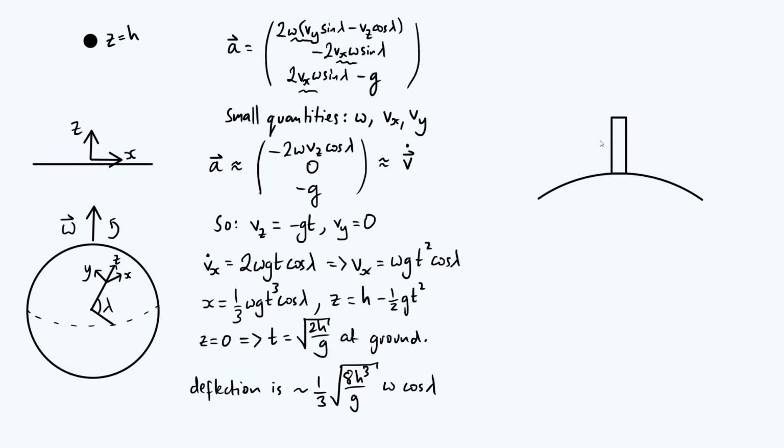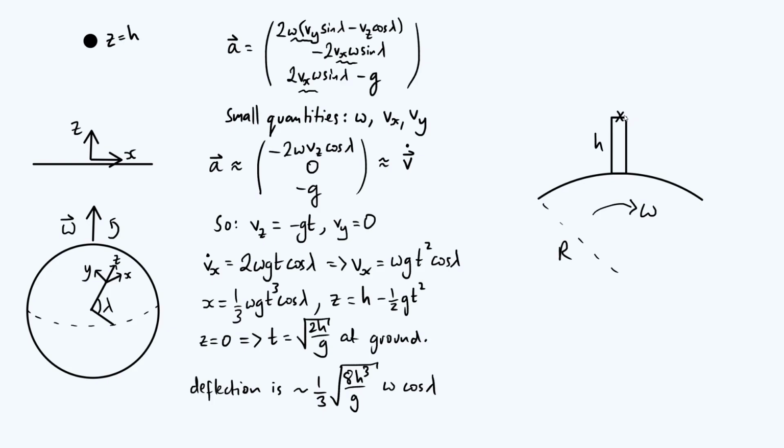And so this tower has a height of h, and let's say the Earth has a radius of capital R. Okay, now let's imagine looking at this system from the perspective of an inertial or non-rotating frame. And according to someone in that frame, this whole system is rotating towards the east with an angular speed of omega. And what that means is if you think about a point on the top of the tower, that point has some linear velocity towards the east at this instant, right?